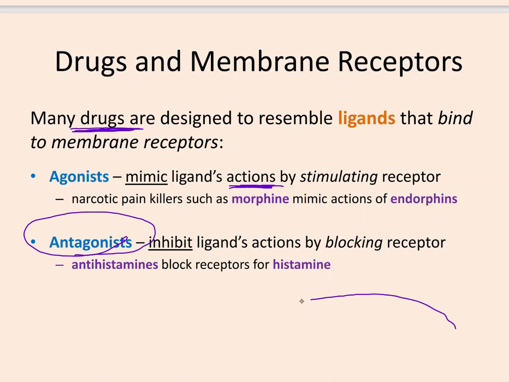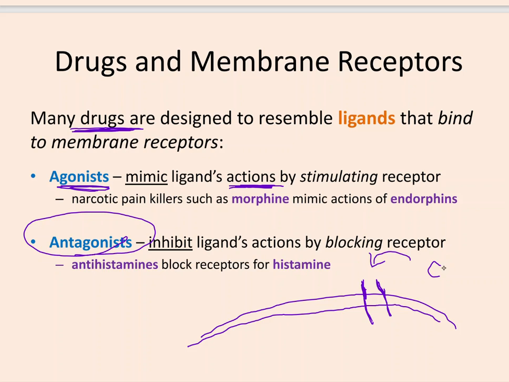So if I have a cell membrane and it has certain receptors along it, right? This is a double membrane. It's got certain receptors along it to receive messages. So for instance, receiving a message like dopamine through this cell. But I can have certain drugs that are going to either work as agonists, mimicking or stimulating that receptor.